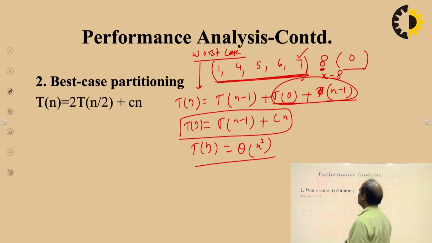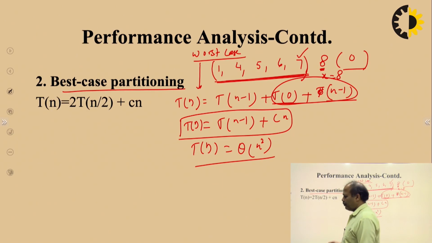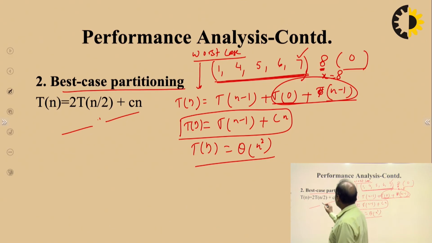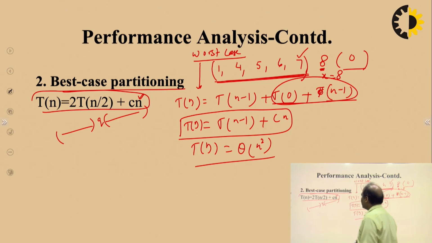Yeah. The second approach is best case partitioning. This is an important technique: best case partitioning means the partitioning element is almost in the half of the array, right? This is the partitioning element, left hand side is this and right hand side is this. This type of recurrence relation is T(n) = 2T(n/2), half of almost, right, plus this is the number of times you are calling the partition.